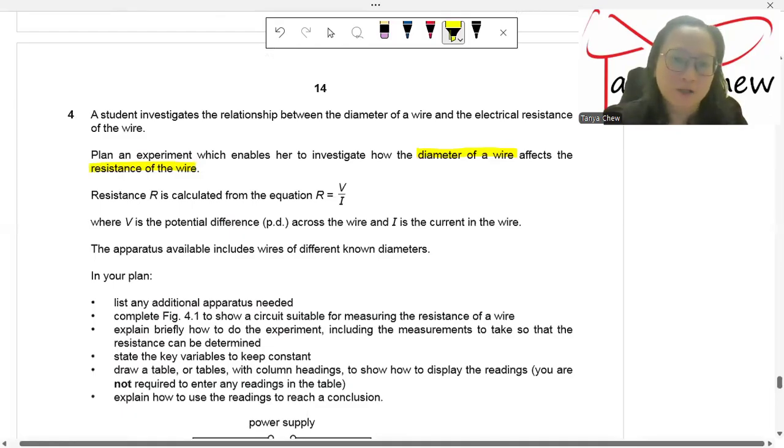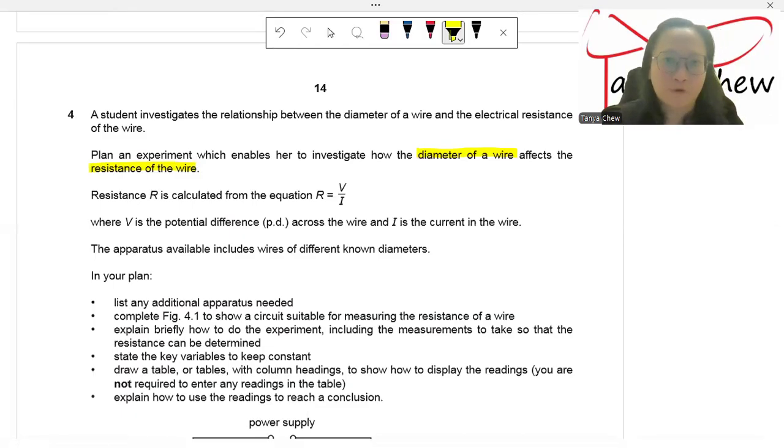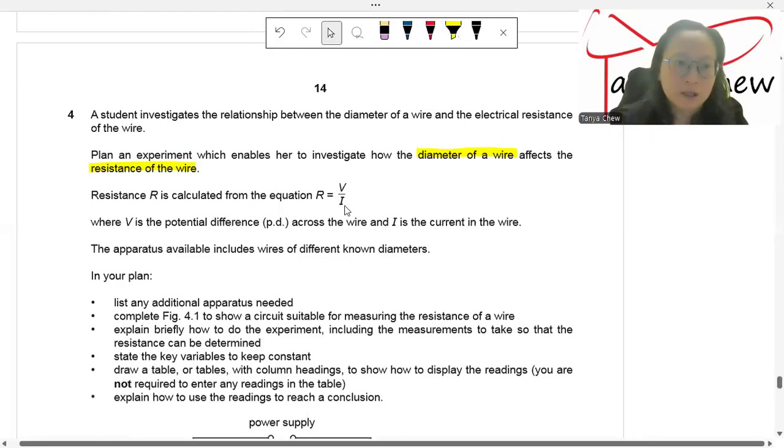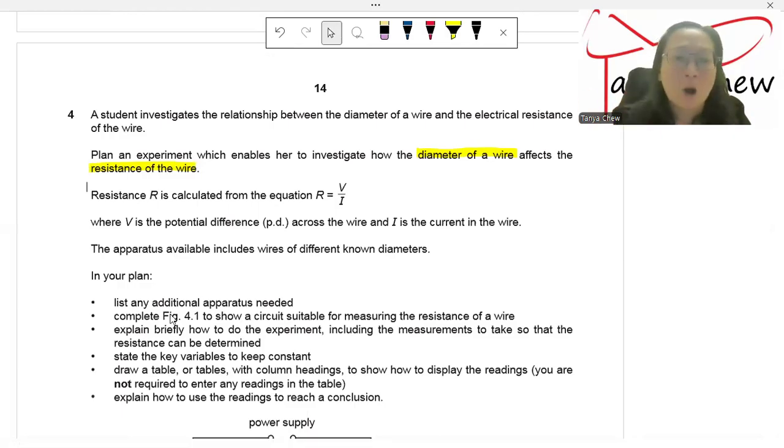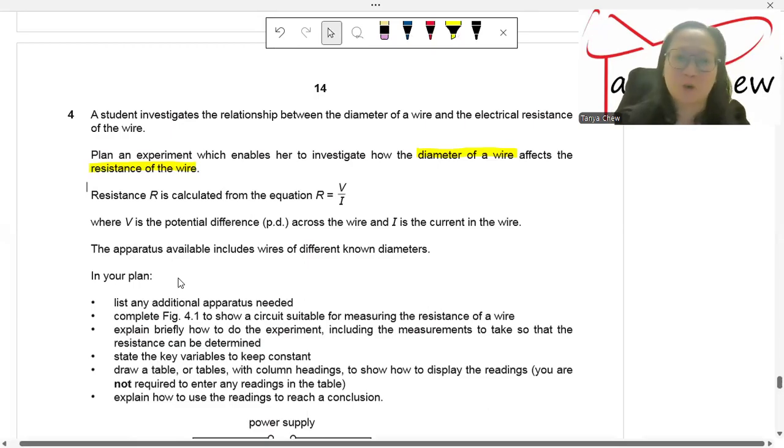Resistance R can be calculated from the equation R is equal to V over I. That is why you are not supposed to use an ohmmeter as one of your apparatus, where V is the potential difference, PD, across the wire, and I is the current in the wire.